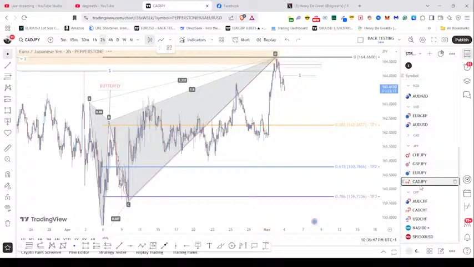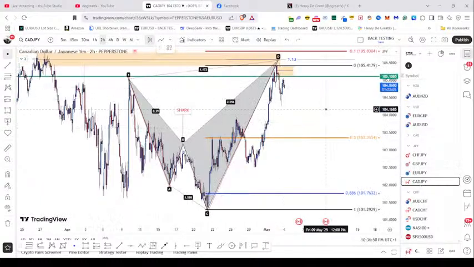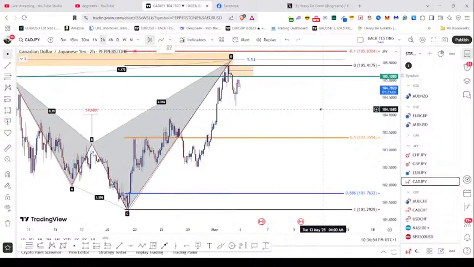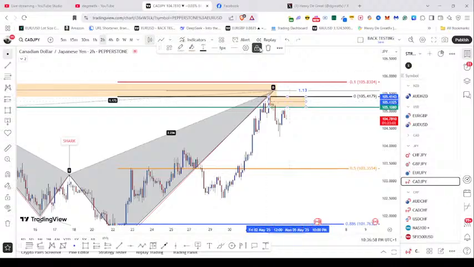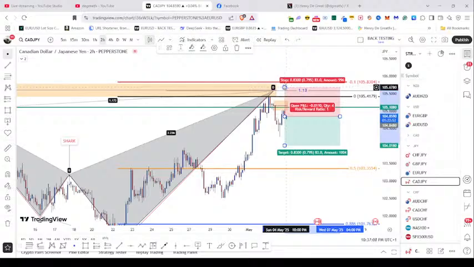CAD JPY, the same thing. CAD JPY is even very, very beautiful. It looks very clean and very sharp. You can see price has already mitigated this order block and given us reaction. In fact, this is like an instant entry from here.